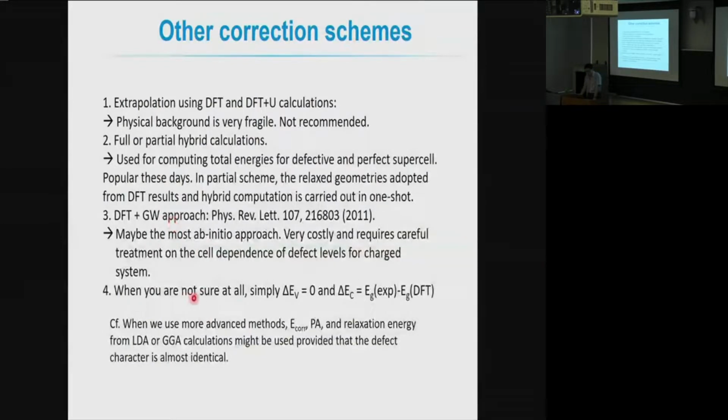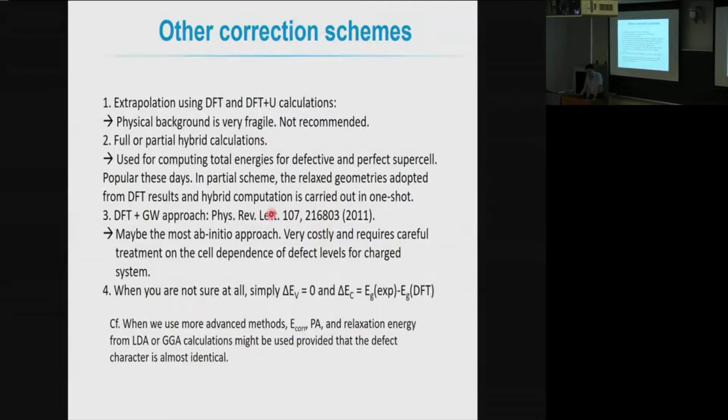Or maybe if you are not sure, you can simply fix the valence band shift and push up the conduction band, but this is not recommended at all. All right. Okay. So maybe these days the method of choice would be using hybrid functional calculations.